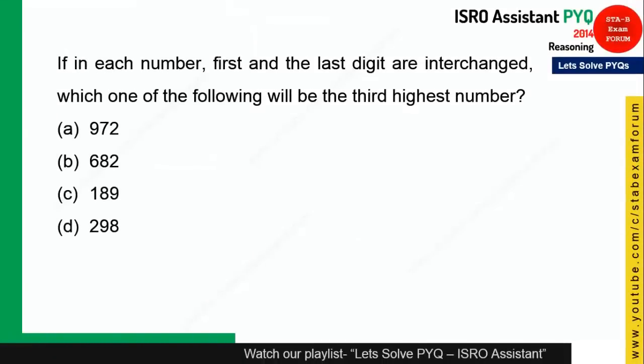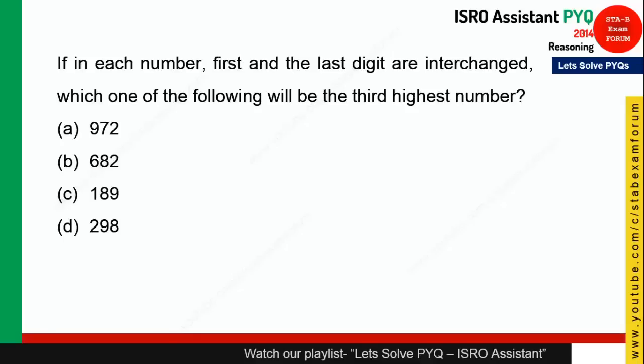I think this is the last question, student. This question is very simple. The question says, if in each number the first and last digit are interchanged, which will be the third highest number? So let's interchange first and last. If we interchange the first and last digit, 279 will become 972, 286 will become 682, 189 will become 981, 298 will become 892.